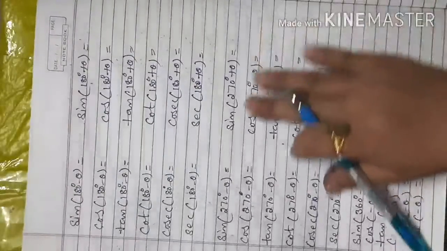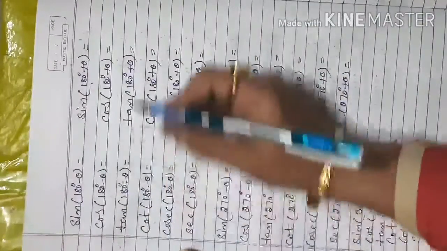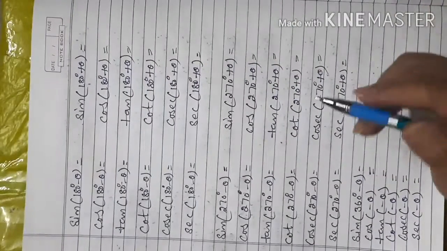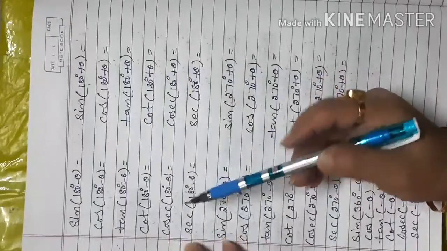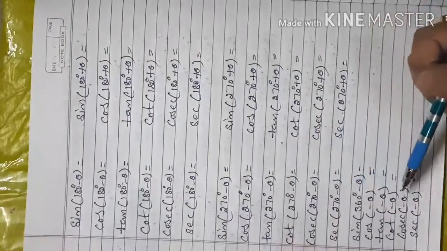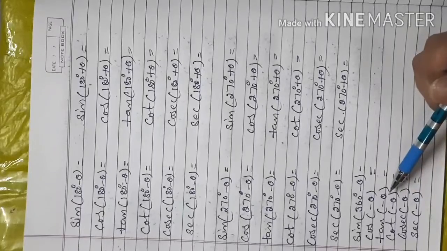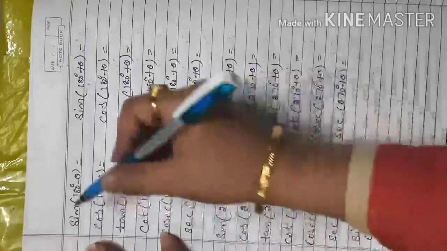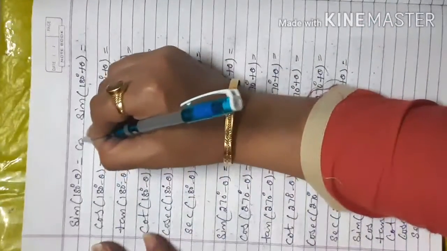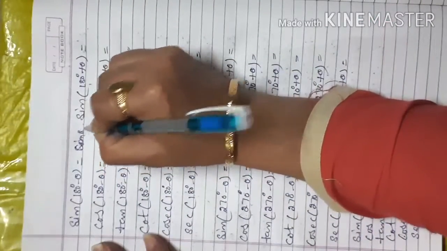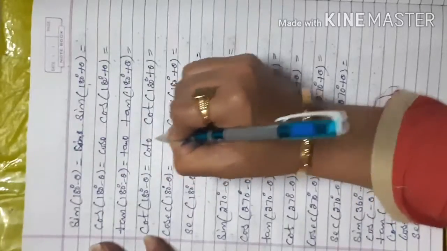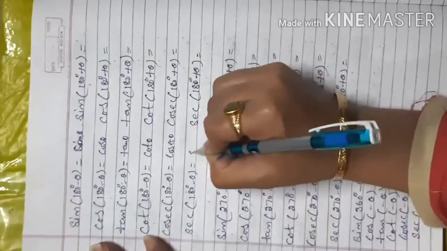Now if I use the horizontal axis angle like 180 degree minus theta or 180 degree plus theta in these 6 trigonometric terms, I already told you that for 180 degree and 360 degree the trigonometric terms are not changed, we only apply the quadrant rule. Here sine theta, cos theta, tan theta, cot theta, cosecant theta and secant theta will be the same.